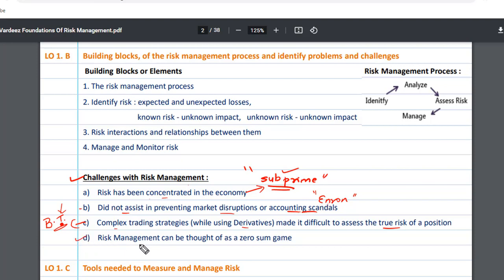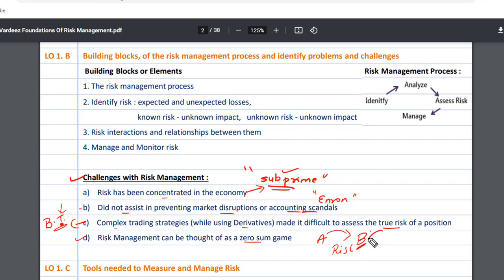And lastly, risk management can be thought of as a zero-sum game. Ideally, we think that it is, but consider this: there's one person A and another counterparty B. A has transferred the risk to B. Overall, the risk is still there. It has just been transferred to another person. We feel that we have removed the risk from ourselves, but the risk is still there in the system with whoever accepts it.